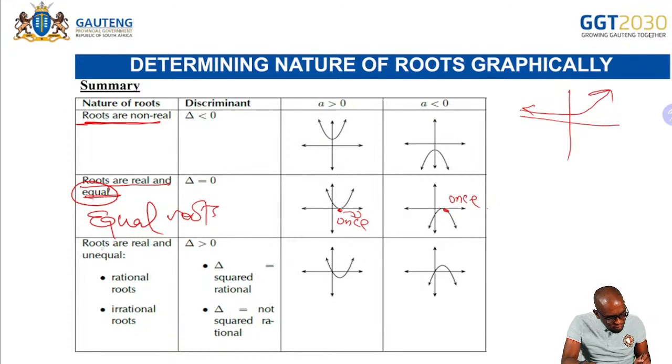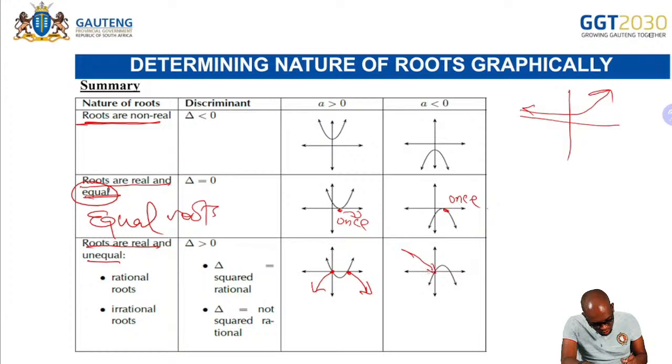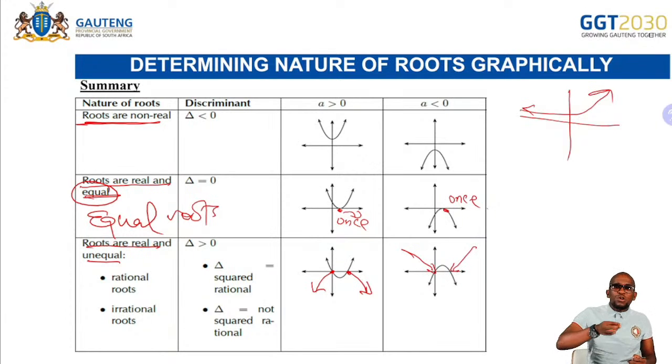So that is what it means when they say you have equal roots. When they say you have unequal roots, you can see that this graph has one root here and one root there, and those roots are not equal. So that's when you have unequal roots. You can see also here one root there and one root there. Remember, by root we are talking about what? The x values.